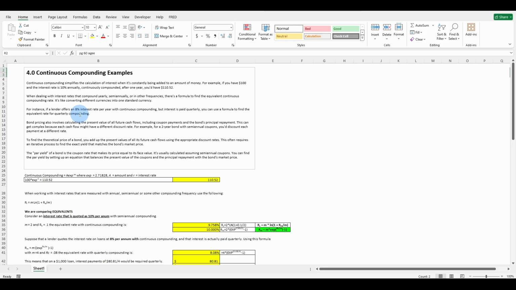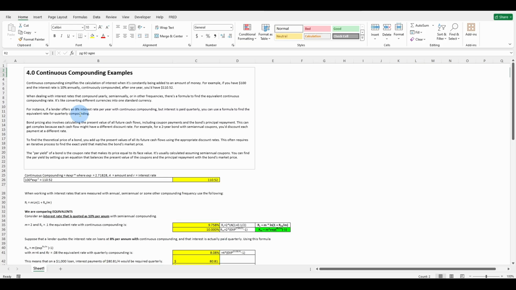I didn't explain it, but I used different discount rates because they're semi-annual compounding. To find the theoretical price of a bond, you add up the present value of all of its future cash flows using the appropriate discount rates. This often requires an iterative process to find the exact yield that matches the bond's market price.